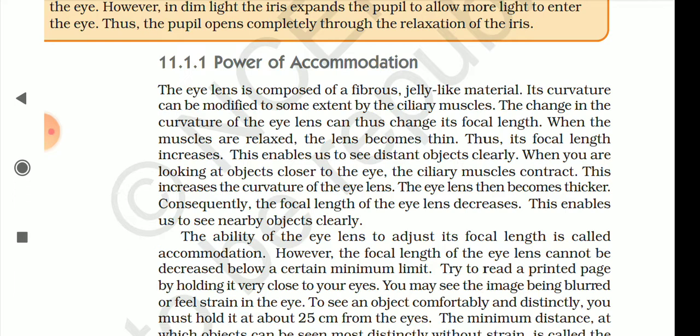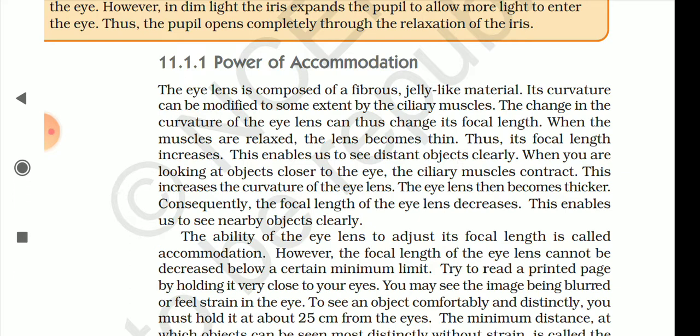When the muscles are relaxed, the lens becomes thin. When our eye is at a normal position and we are not focusing on anything, the lens is thin. Thus, its focal length increases.